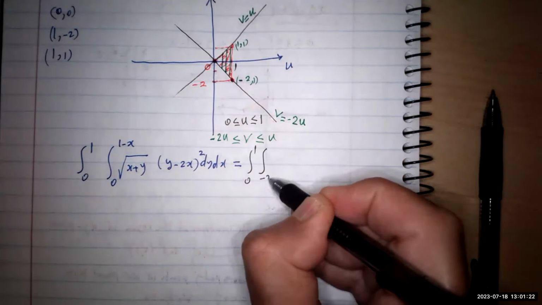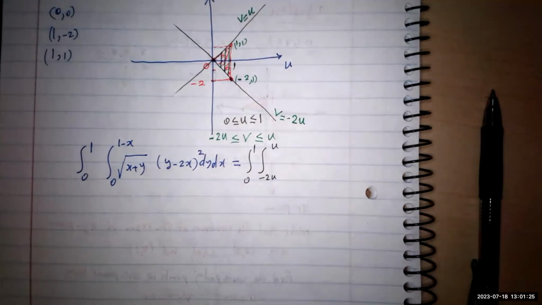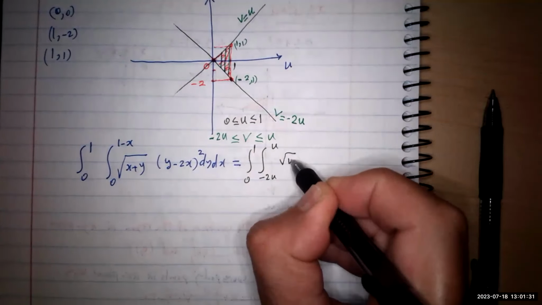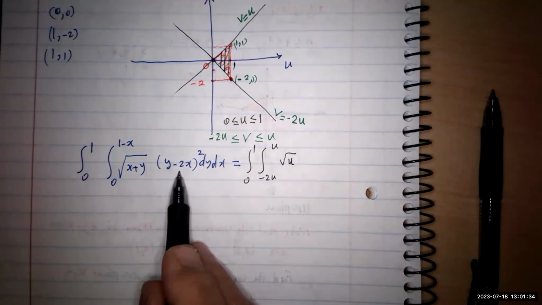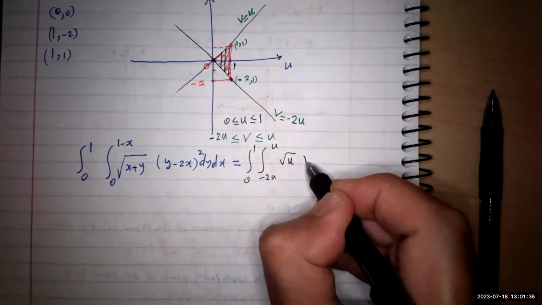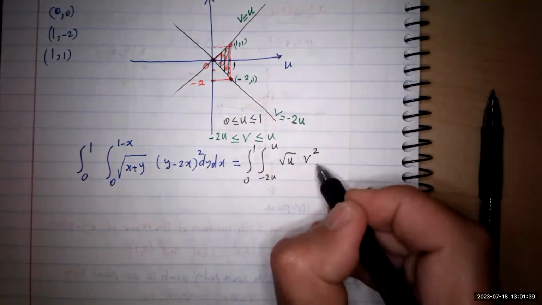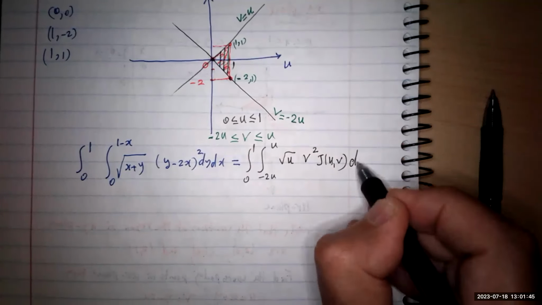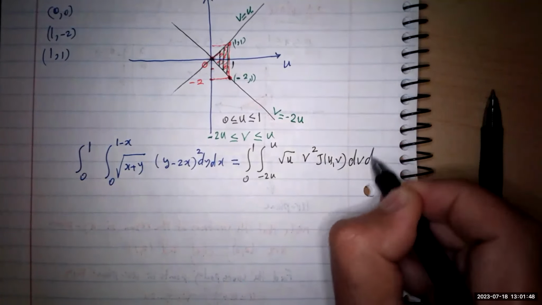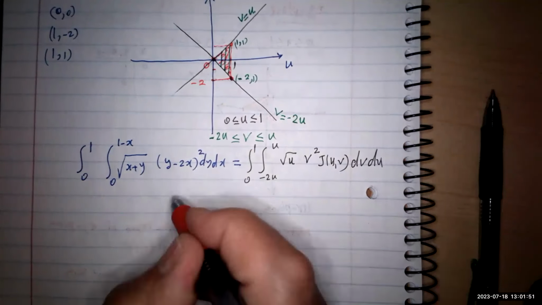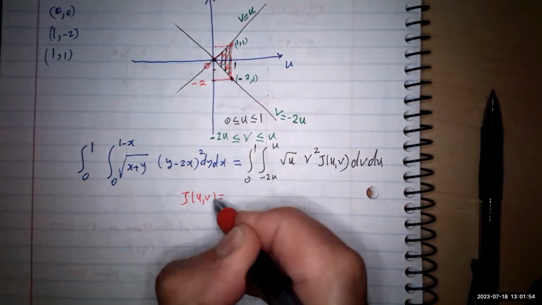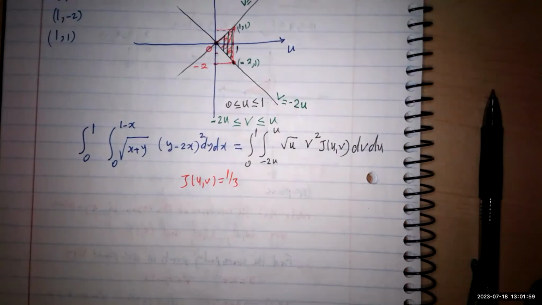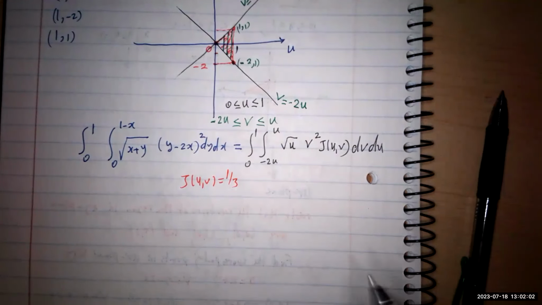V is between negative 2U and U. The substitution, remember, this is U, so it's going to be radical U. This is V, so that gives you V squared, Jacobian of UV, and then we go with the V first and then U. But the Jacobian, remember, we created as 1/3. So 1/3 is not a big deal, so we can put it out. So we change this one into the 1/3.